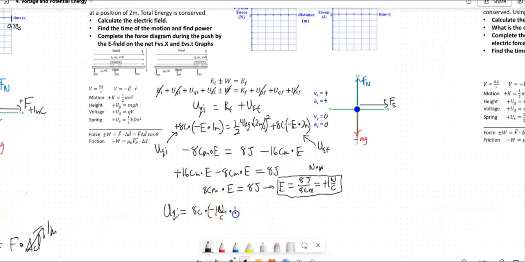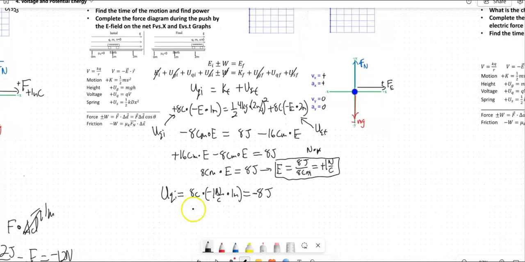There you go. Times 1 meter. So the initial energy is going to be -8 joules. And the final potential energy, which is +8 coulombs times a -1 newton per coulomb times 2 meters. So this is going to be -16 joules.